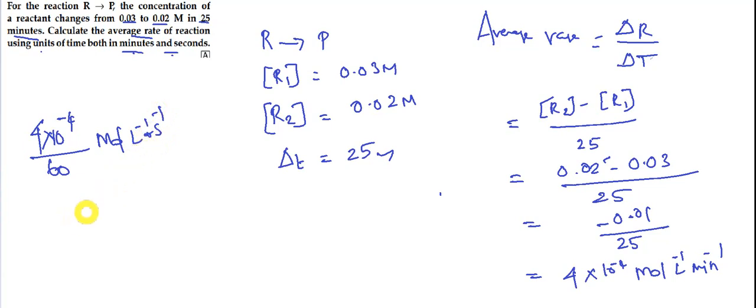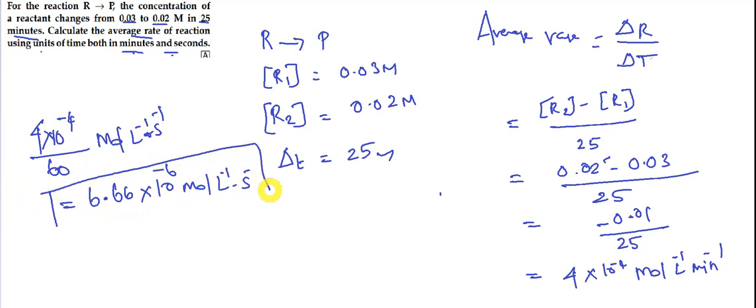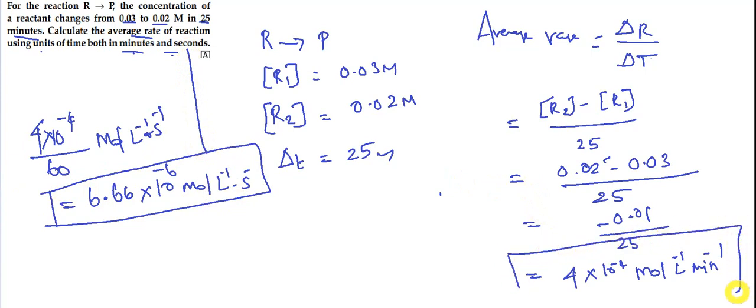So that is equal to 6.66 into 10 to the power of minus 6 mole per liter per second, right? So this is the answer for seconds and this is the answer for minutes, okay?